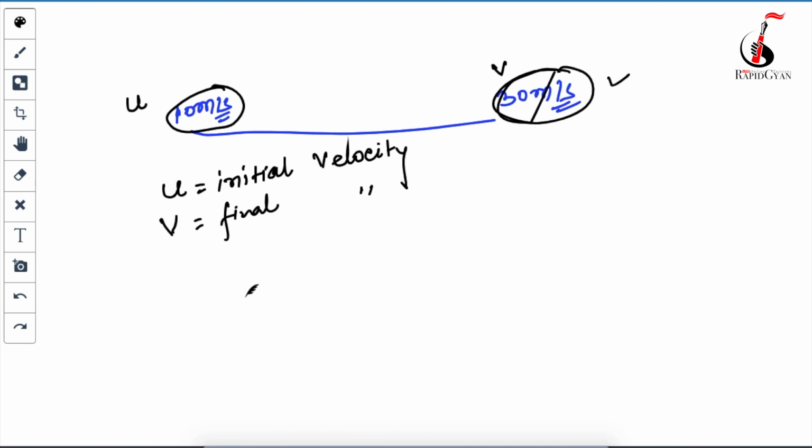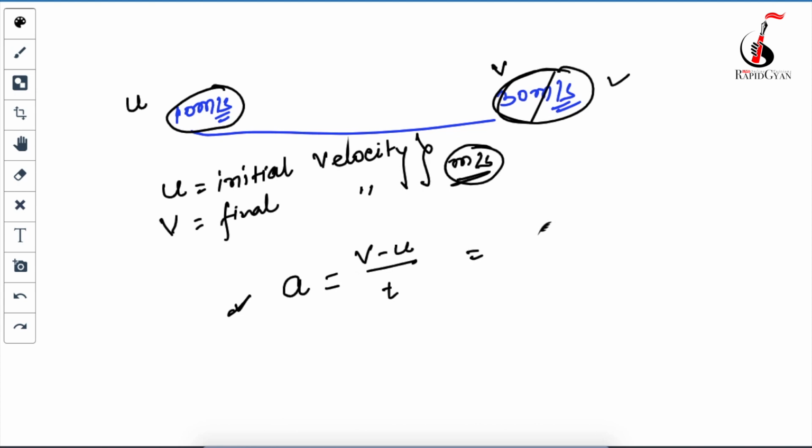And what is then acceleration? Acceleration is denoted by the letter a. So a is equal to final minus initial upon t, t is time. What is the unit of velocity? The SI unit of velocity is meter per second, correct? So what will be the unit of acceleration, beta?